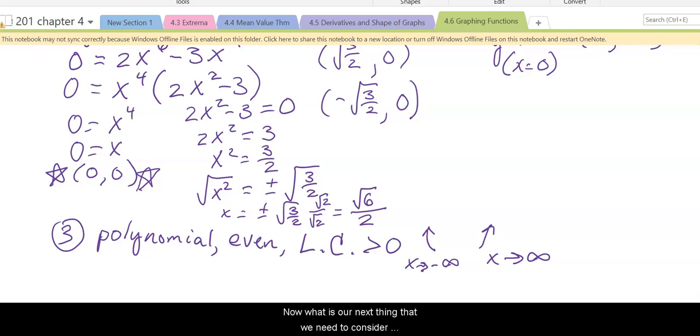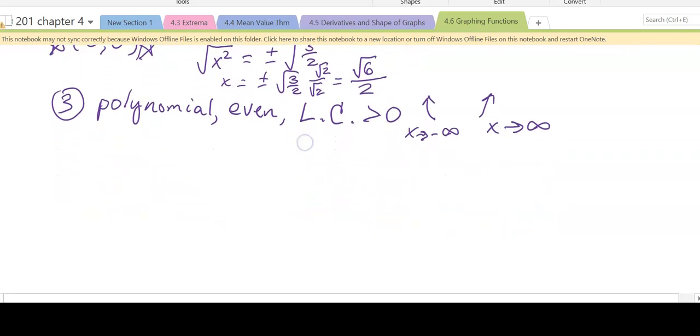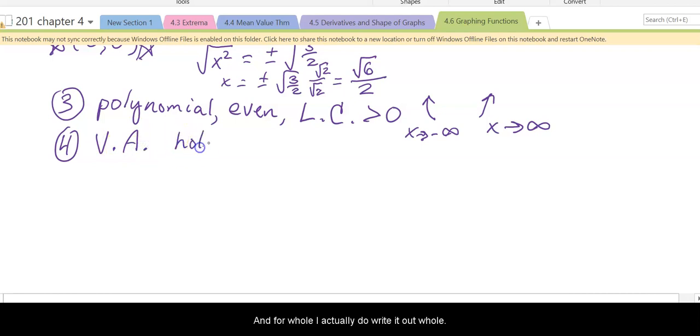Now, what is our next thing that we need to consider when we're going to try to figure out what the graph looks like? The next thing to consider is whether or not we have any vertical asymptotes or holes. When I'm writing these down, I tend to abbreviate vertical asymptotes as VAs, and for holes, I actually do write it out, holes. In this case, we have neither vertical asymptotes nor holes.